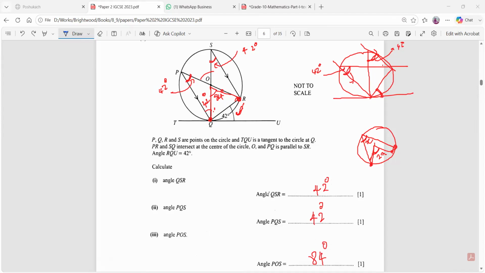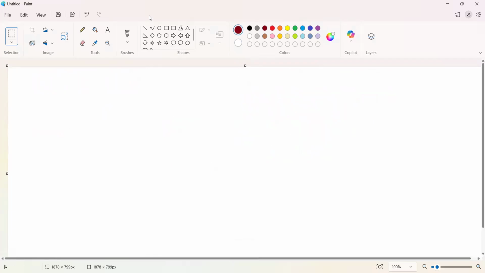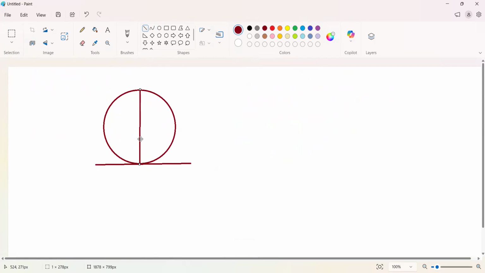Okay. I'll explain what is the reason. 42, 42, 84. What is the reason? First thing, they are having a theorem that's called angle with the tangent. Okay, if I consider tangent, what is a tangent? A line touching the circle. Okay, if I consider tangent, here the center point.